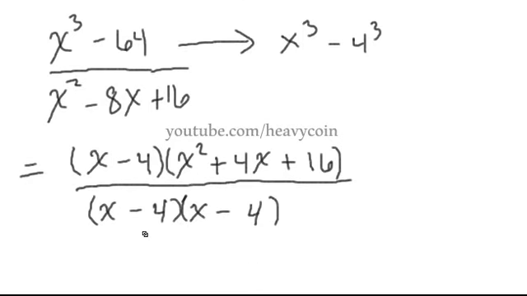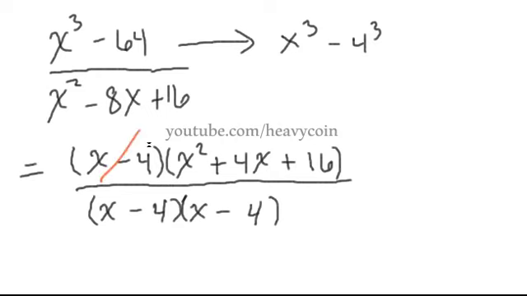Now let's just kind of check it out. x times x is x squared. x times negative 4 is negative 4x, and then another negative 4x, and we add them together, we get negative 8x. And negative 4 times negative 4 is positive 16. Alright, good.